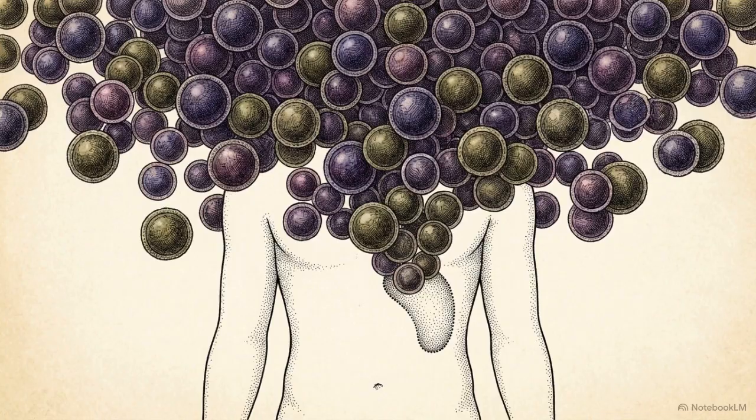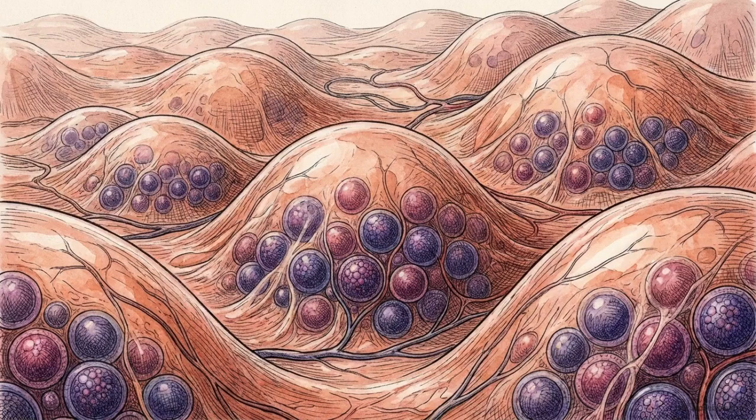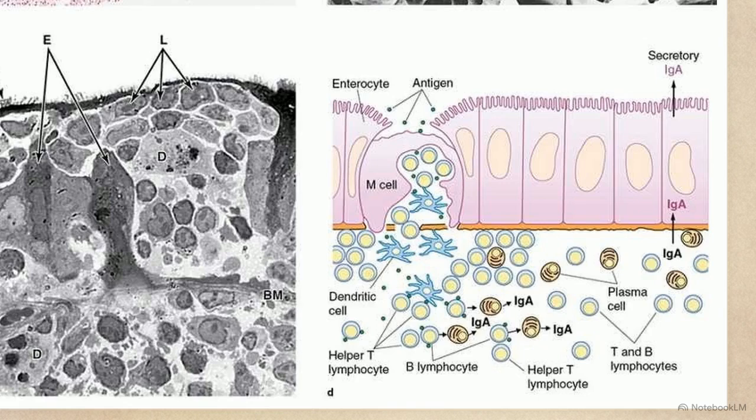like Streptococcus pneumoniae. Guarding mucosal borders is mucosa-associated lymphoid tissue, or MALT. Although lacking a connective tissue capsule, it contains 70% of the body's immune cells. In the ileum, MALT forms massive clusters of lymphoid nodules called Peyer's patches, which monitor the gut flora from their position in the submucosa. This diagram illustrates the unique epithelium covering these patches.